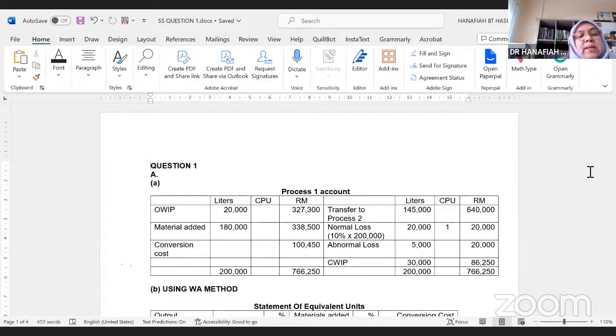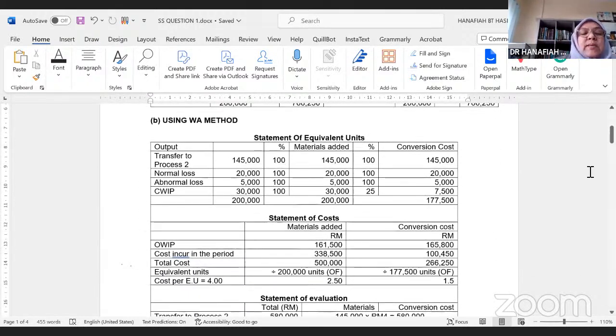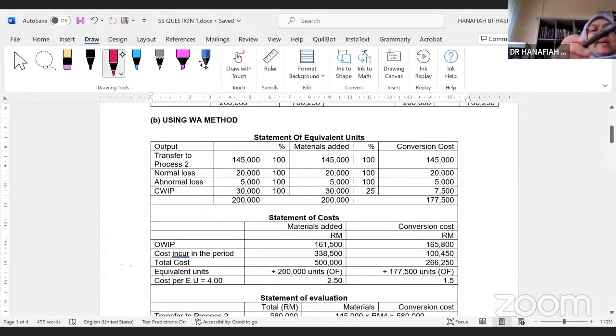So it means that in order for us to prepare the 3 statements, we base on this weighted average. All right. So the first thing that you need to do is actually to prepare the statement.